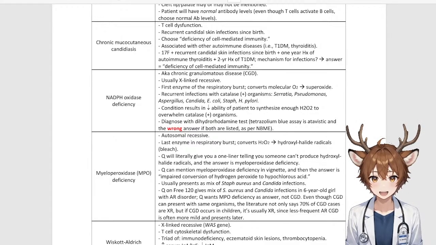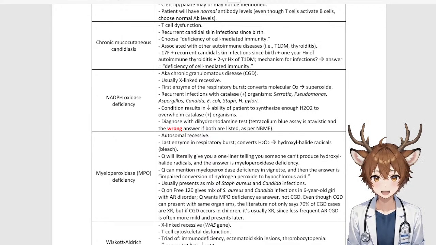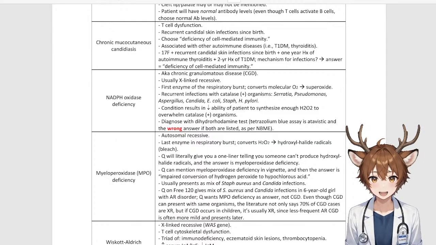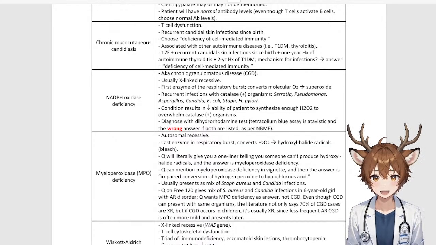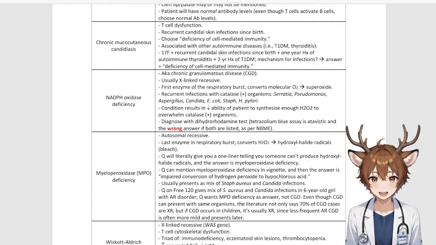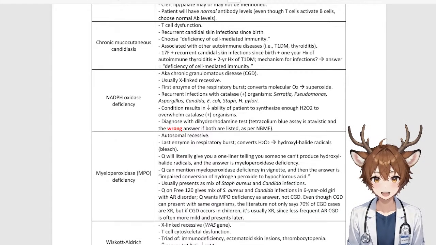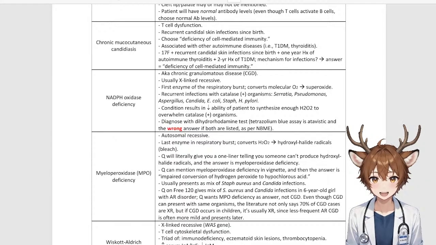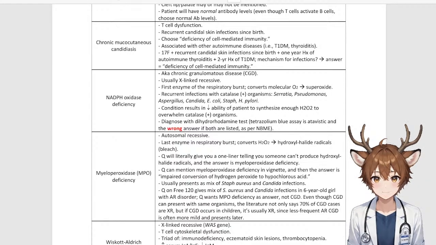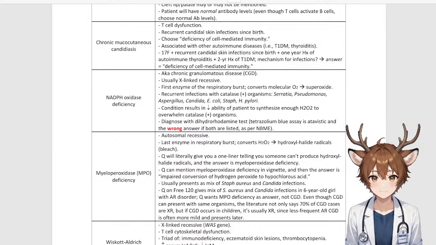And if that system does not work correctly, because of NADPH oxidase deficiency, then it's going to be more difficult to create these reactive oxygen species. But the body can, in theory, use some of the reactive oxygen species from bacteria, which make their own. Except the catalase-positive organisms, which are named right here.